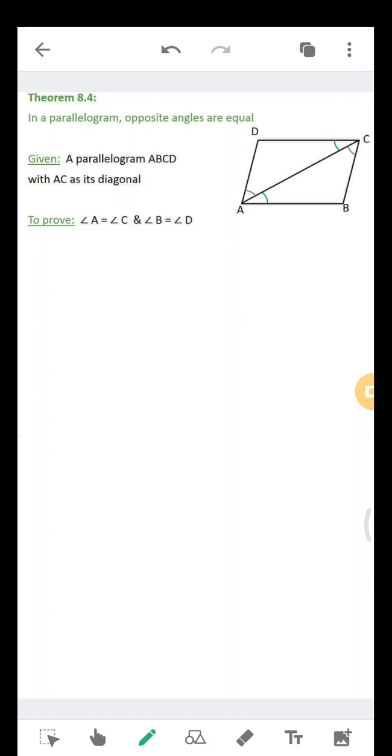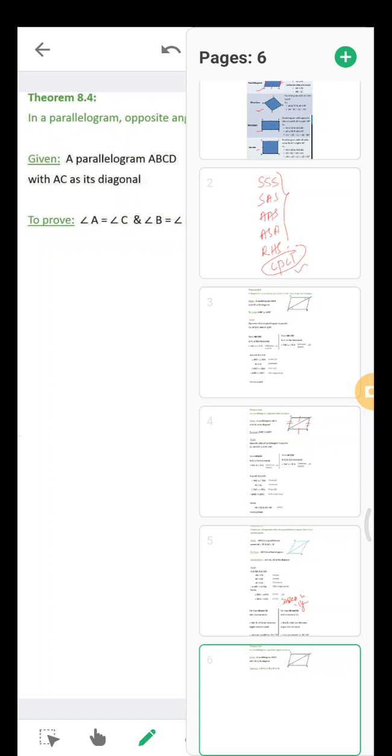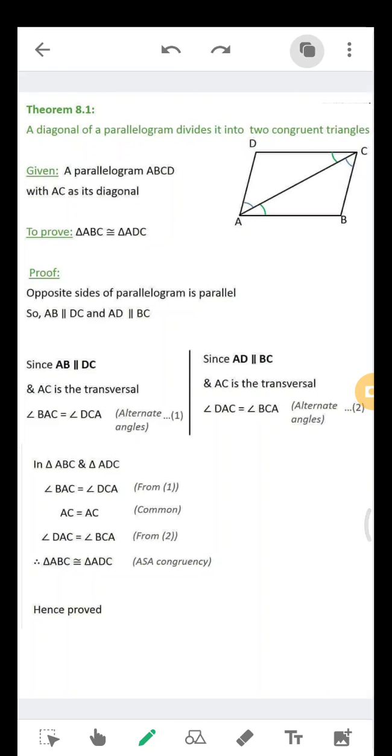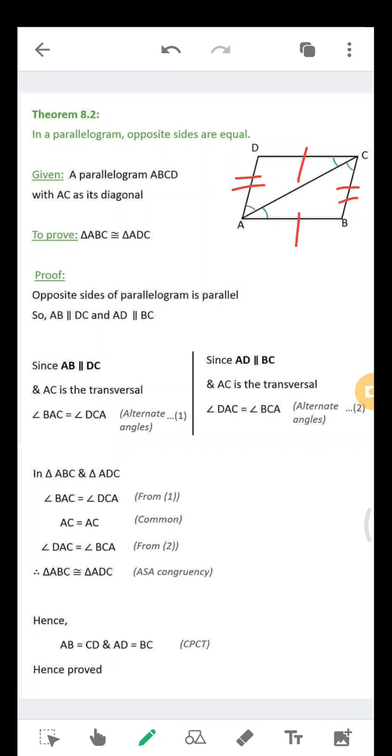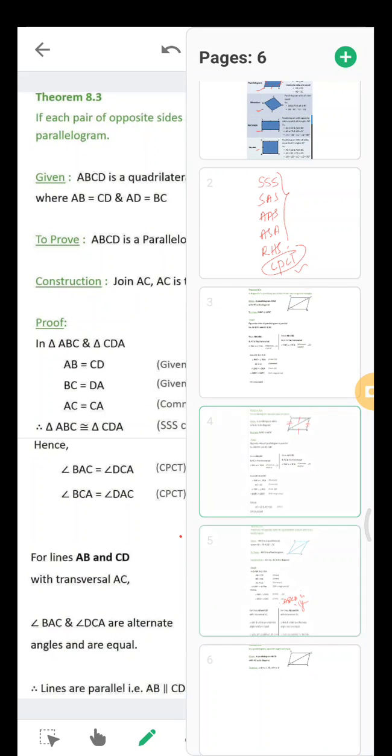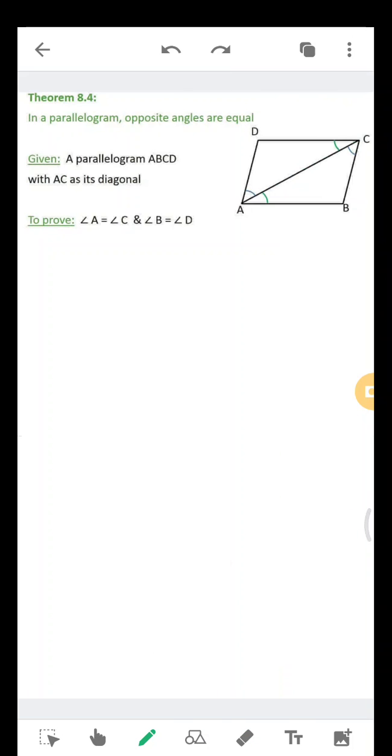So we will take a parallelogram ABCD in which AC is the diagonal. You can observe in all the theorems we are taking the same type of figure. Only the RTPs, required to prove, are changing. We have to prove angle B is equal to angle D.